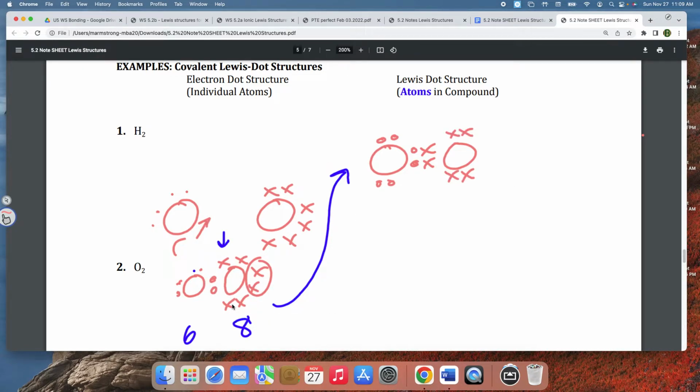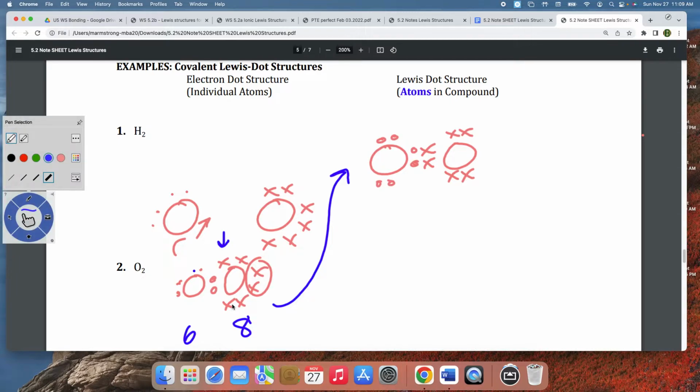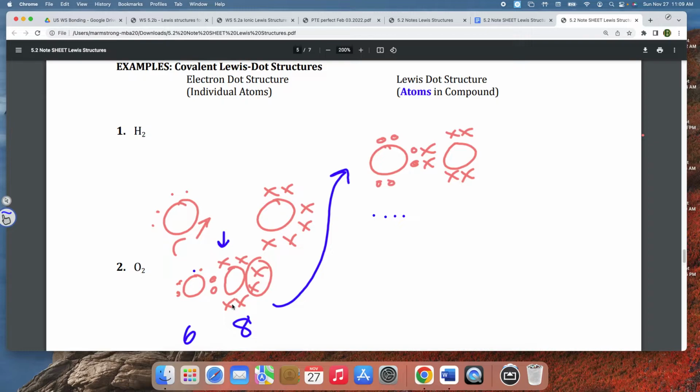Now let's count. So this has 2, 4, 6, 8. I'll show you where that is. There's 2, 4, 6, and 8. So this one definitely thinks it has 8. Now let's count the oxygen on the right. It has 2, 4, 6, 8. It thinks it has 8. So that must be what it is.